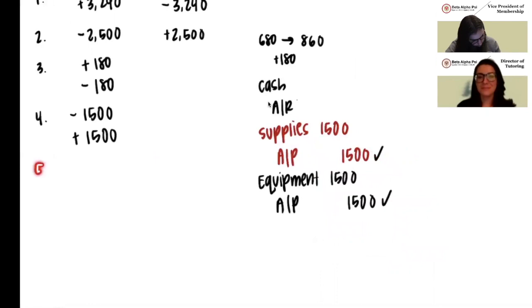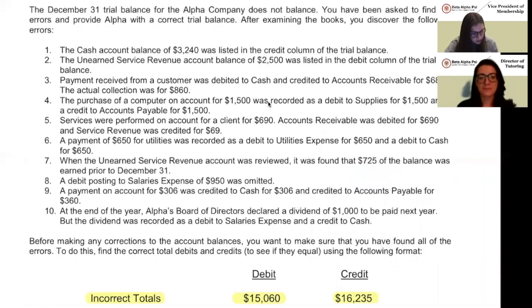Moving on to number 5. Services were performed on account for the client for $690. Accounts receivable was debited for $690, and service revenue was credited for $69. So looking at the journal entry, services were performed on account, which means they're not getting paid yet.